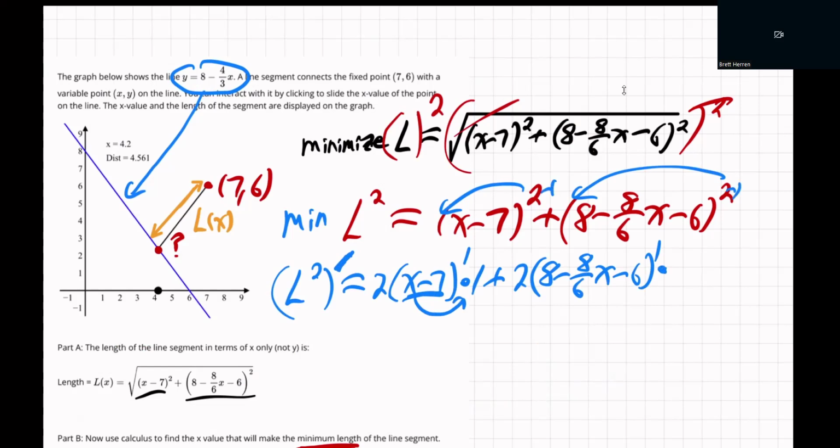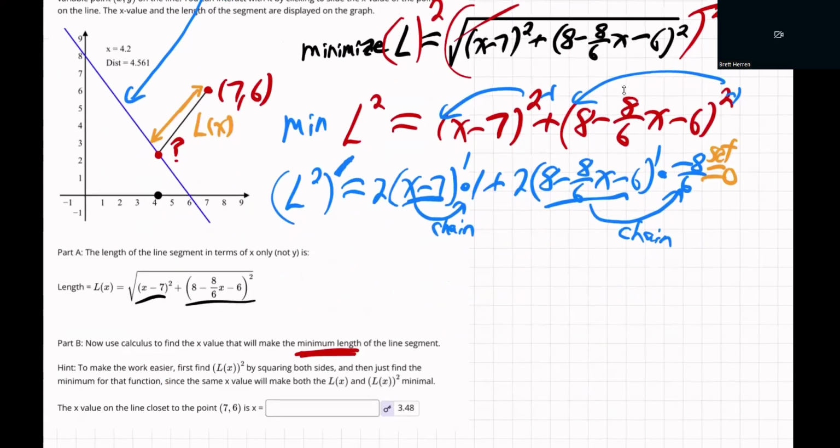But then times, chain rule, the derivative of the inside. You keep the inside the same at first, and then the derivative of the inside is going to be negative 8/6, isn't it? Here, let me make that smaller. So I still have to set it equal to 0. Negative 8/6, and then I'm going to set it equal to 0. Okay, so I have to solve that equal to 0.